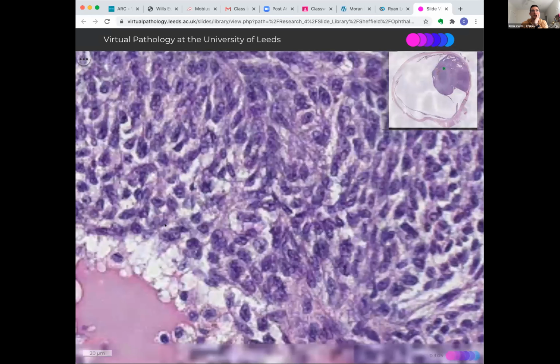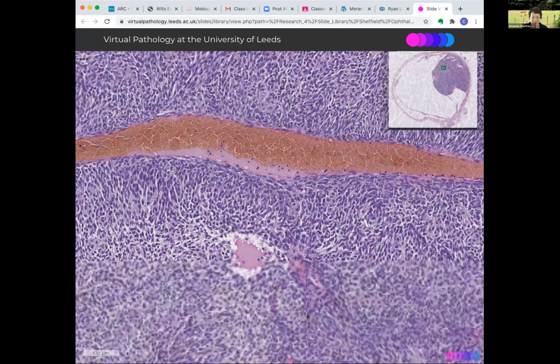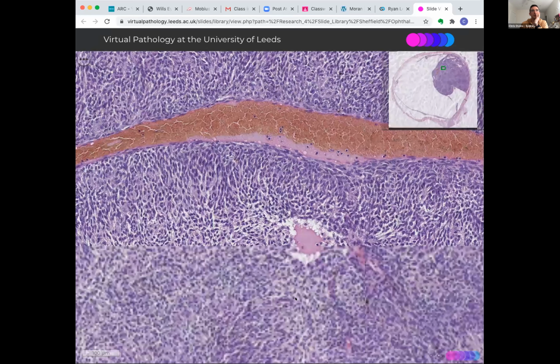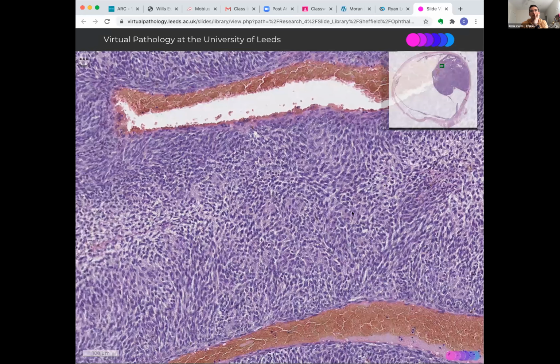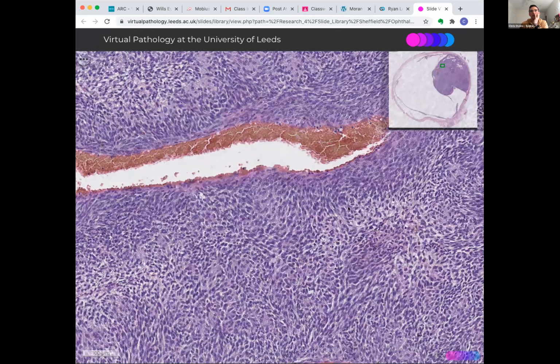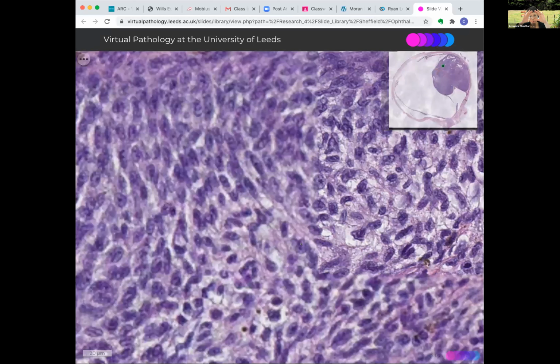So a bit closer, maybe. Yeah, we'll go up a little bit closer. To me, these ones up here look a little bit more epithelioid. According to the book, epithelioid is a more rounded shape with rounded cytoplasm, and spindled is more elongated.